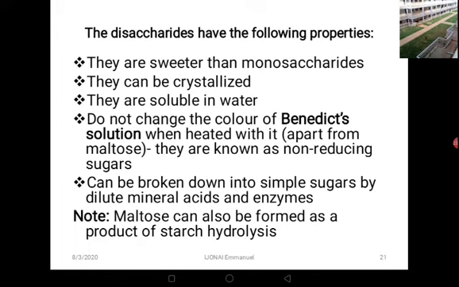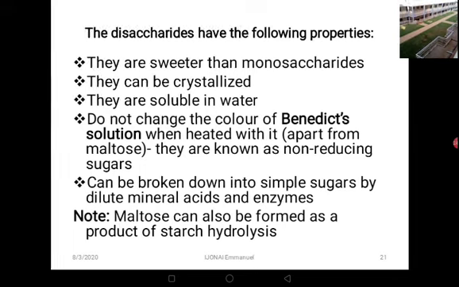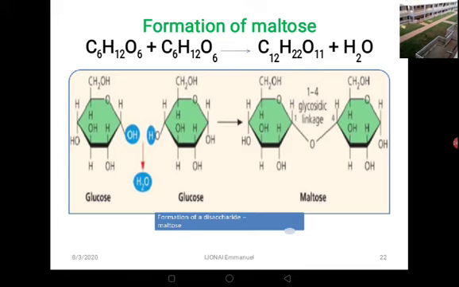If you treat lactose with the lactase enzyme, then lactose will be broken down to galactose and glucose, and so on and so forth. So they can be broken down into simple sugars under action of enzymes or acids. And then maltose can be formed when we break down starch during hydrolysis, for example, during digestion in our bodies, in the mouth.